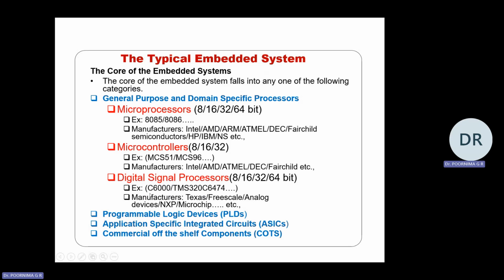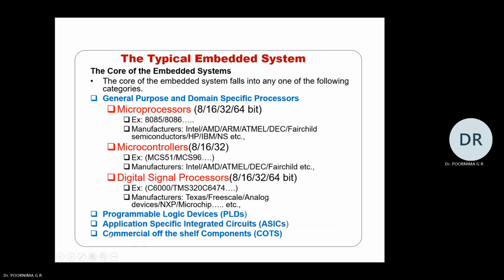The manufacturers are Texas, Freescale, Analog Devices, NXP, Microchip, etc. Another type of CPU considered part of an embedded system can be programmable logic devices, or application specific integrated circuits.